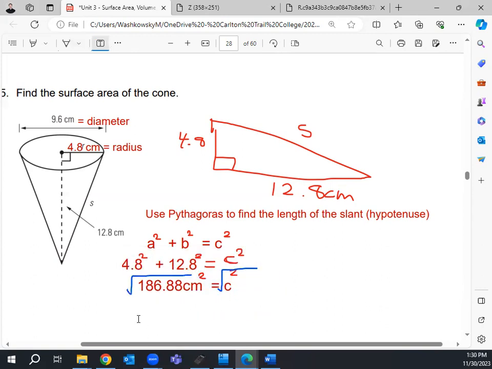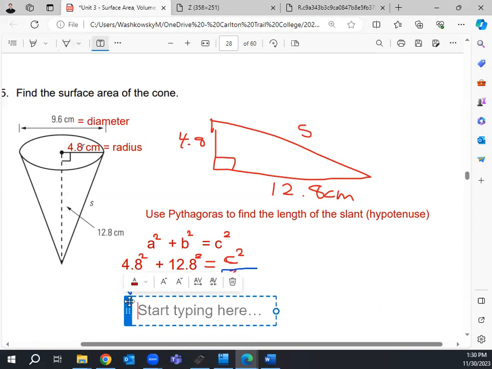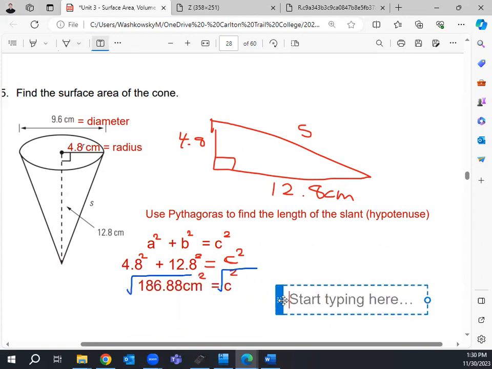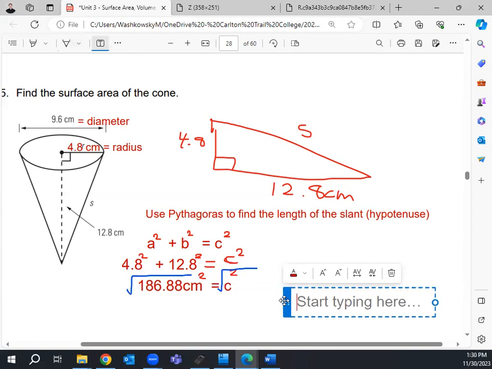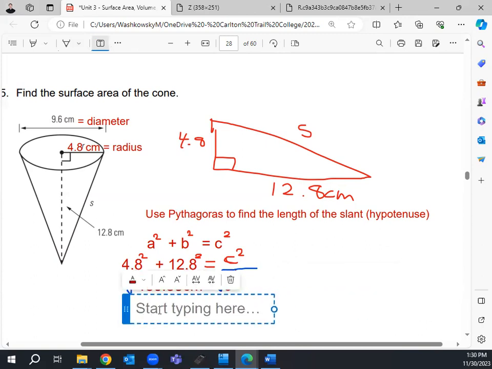And if I do that, it's 13.67. Okay. So if I do that, 13.67 centimeters is equal to C.